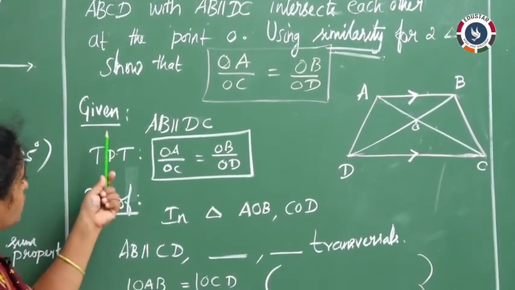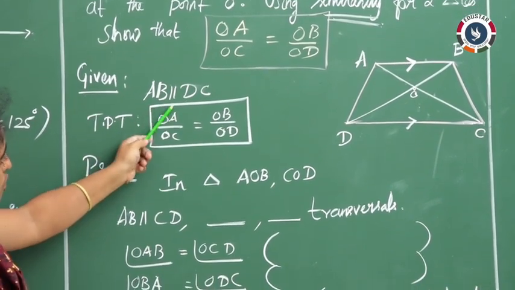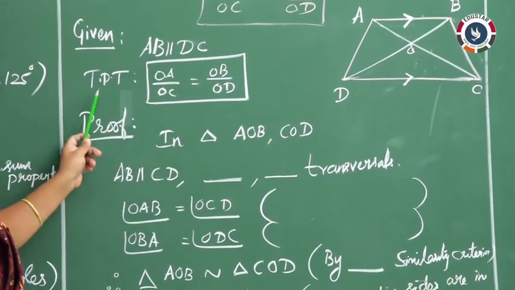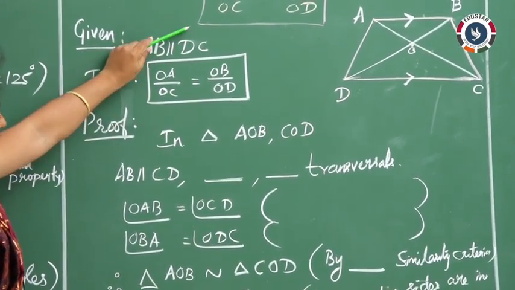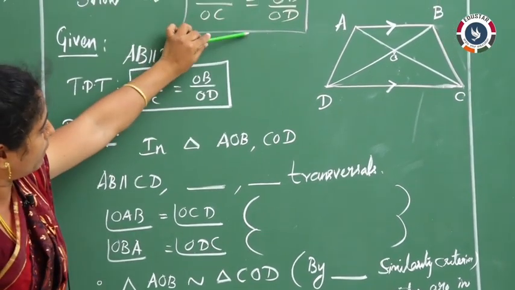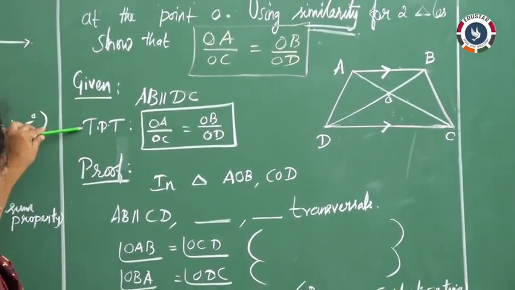So how do we prove it? Let's see. What is given? AB is parallel to DC. What we want to prove is OA by OC is equal to OB by OD. Those 2 things we have to list out.